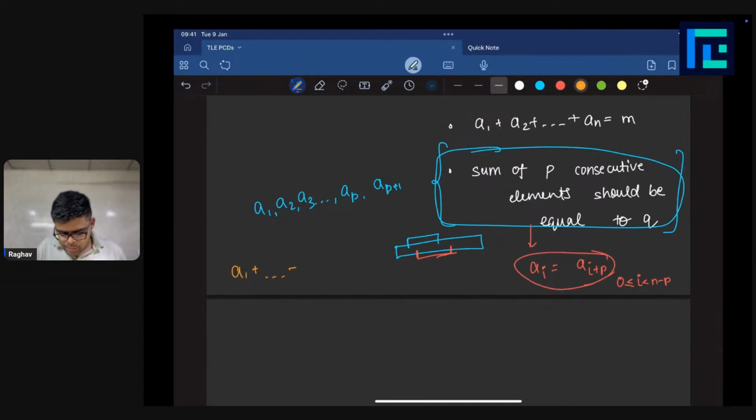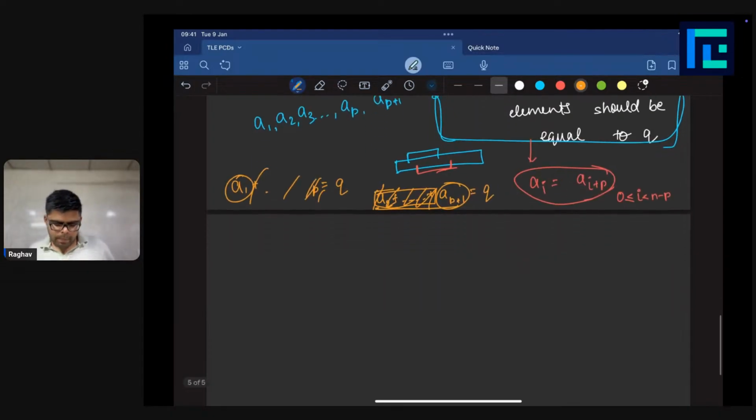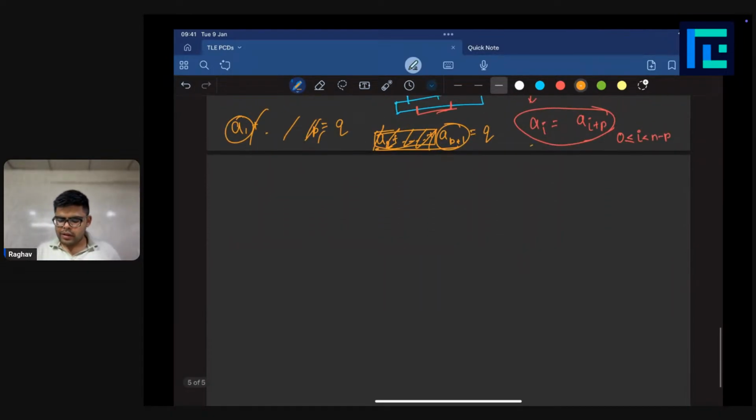The sum of the first p elements should be equal to q, and the sum of the next p elements from a2 to a of p plus 1 should also be equal to q. Since the RHS is equal, these two sums should be equal, and the elements from a2 to a of p are common in both of them, so you can just cancel them out. You would be left with a1 equal to a of p plus 1, and this is how you can prove this everywhere.